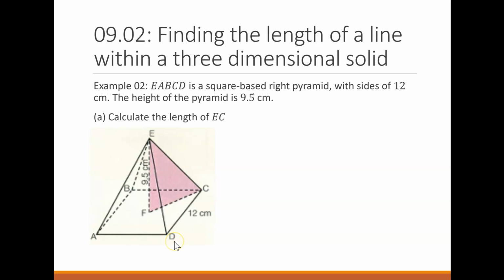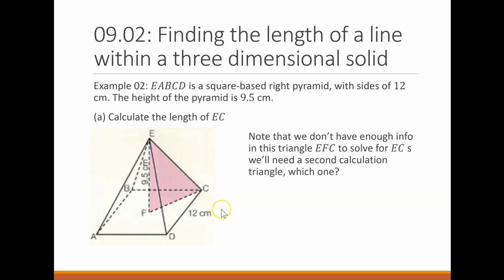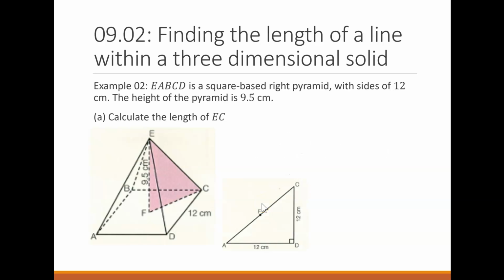You could do that. What I would do, though, is ACD. Because I know that FC has to be half of AC. Again, because the diagonals of a parallelogram bisect each other. So I did this, and that gives me the length of AC.